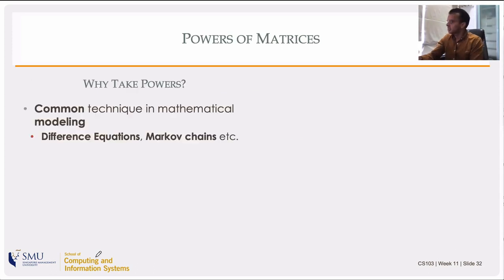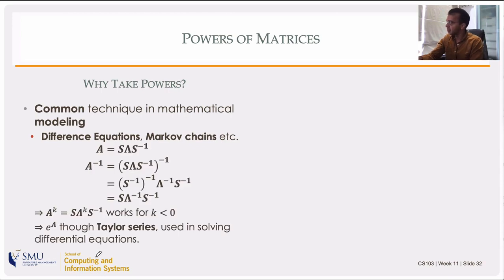So why take powers? It's a common technique in difference equations and Markov chains that I just described. In fact, we can define exponentiation of matrices through Taylor series expansion, and that is actually used in solving differential equations, but that's not part of this course.